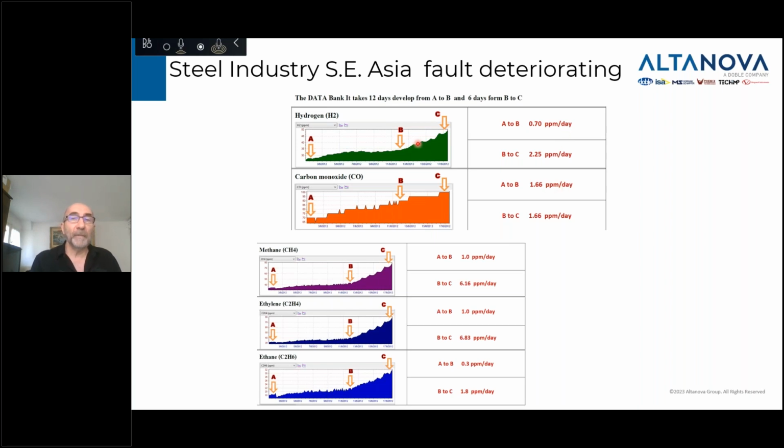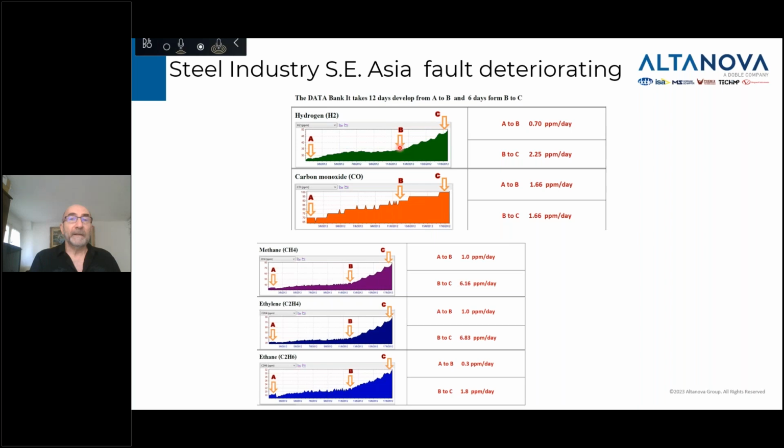But then in a much shorter period of time, nearly half the time period of A to B, the rate of generation of mostly all of the gases increased by a factor of 4 for the hydrogen, and by a factor of 6 for all the other key fuel gases, methane, ethylene, and ethane. So what this tells you right there is that you have a fault. The fault is deteriorating, is getting worse, and the temperature of that fault is also increasing.